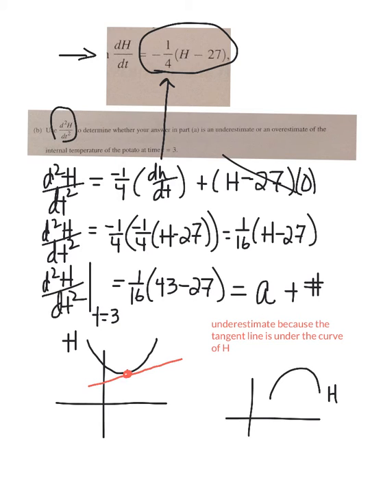And then the only option for our tangent line would have been maybe somewhere here, or somewhere here, or somewhere here. Any way you draw that picture, you're going to see, whoops, bad picture, that your tangent line is on top of the curve. So therefore your tangent line would be an over approximation because the tangent line is above the curve. Those are the only two scenarios you're going to have. You don't need to worry about anything else.